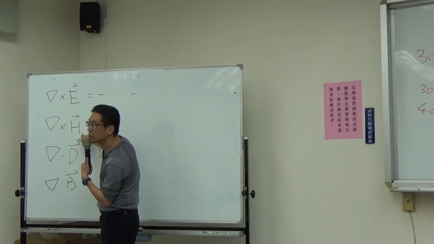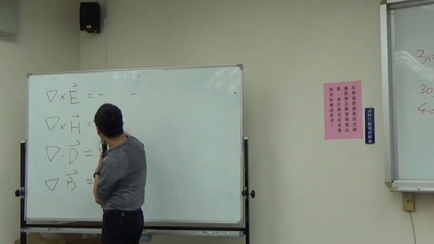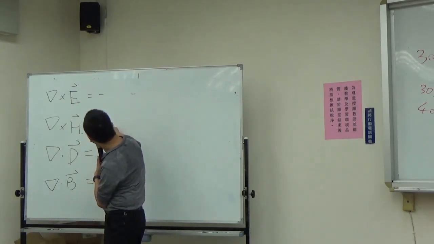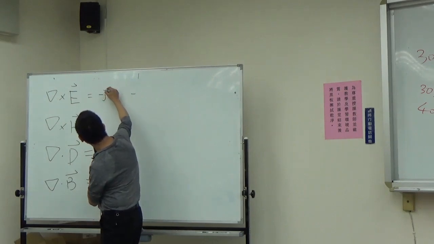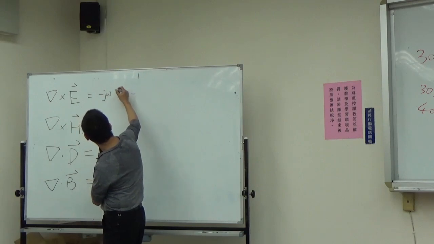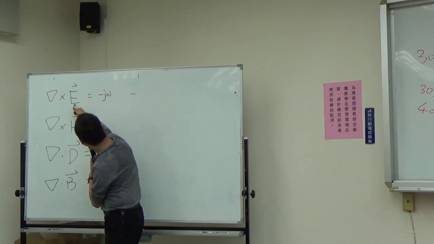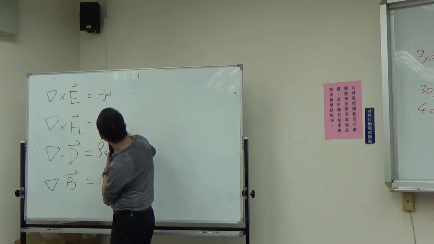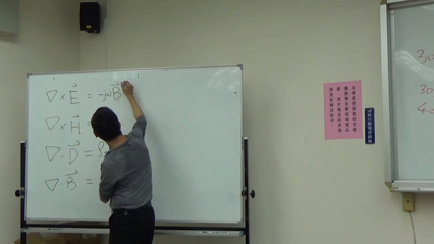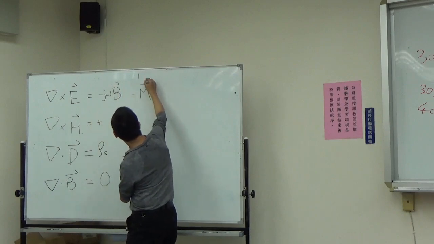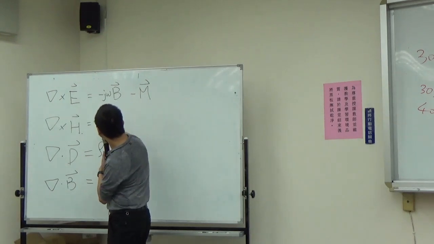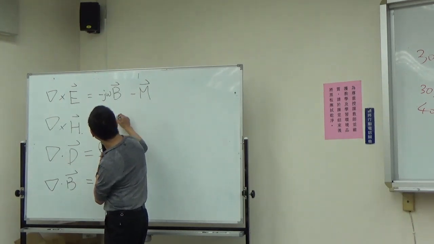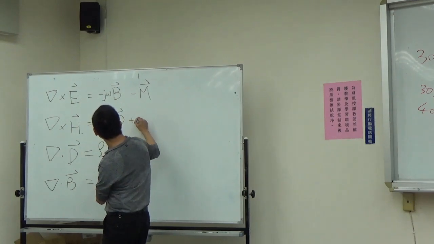This is Ampere's law, and for this one, it's j omega. If this is the electric field, I put magnetic field B here, minus this, which will be another source. It does not exist, and then something very similar to that in the pair.